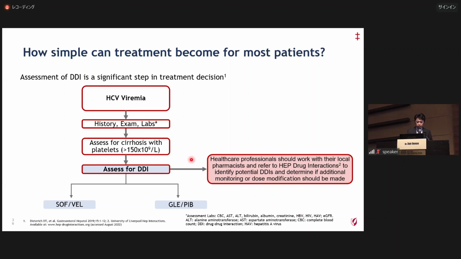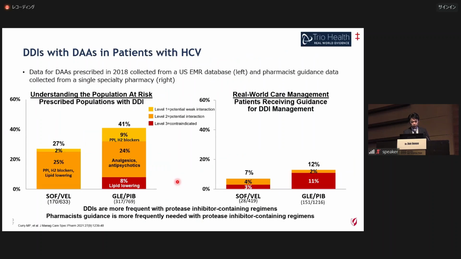In such a simple strategy, the assessment of DDI, drug-drug interaction, is essential. This data shows drug-drug interaction with DAAs in patients with HCV. In DAA-treated patients, several patients were treated with other drugs with potential interaction with these DAAs.